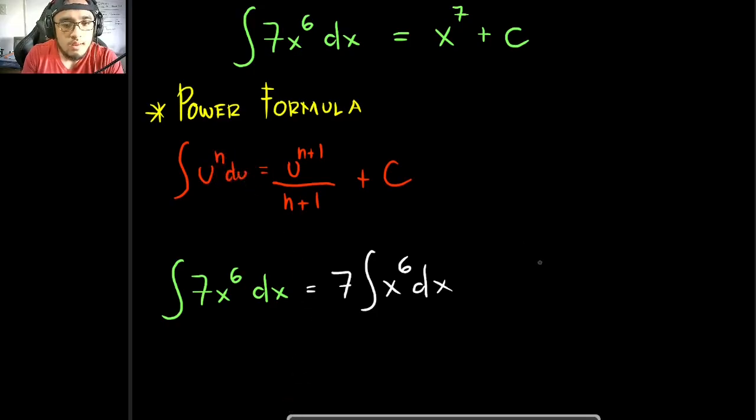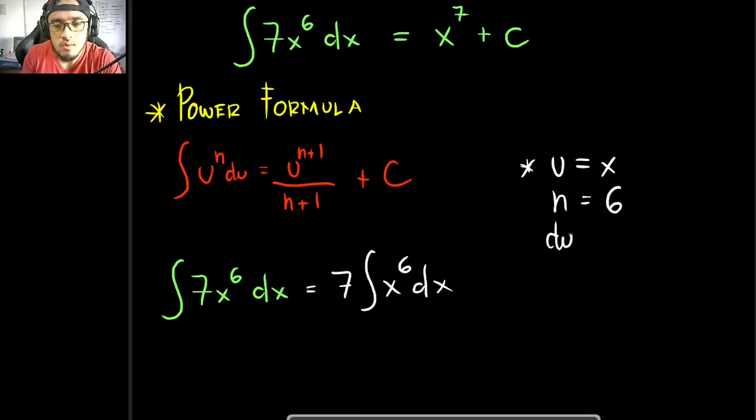So the value for our u is equal to x, and the value for our n is the exponent of u, or x, that is to be 6. Then as for our du, that is to be this of x.